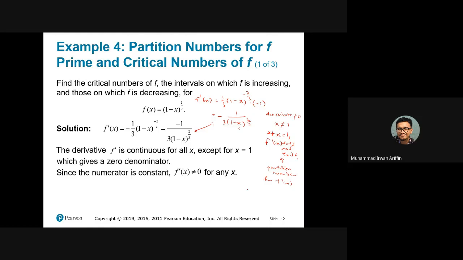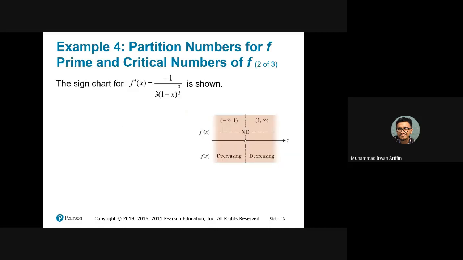Can we somehow try to draw the sign chart? So this is the sign chart for this example, where this is when x equals 1. This is the partition point, because it cannot take the value of 1, so it is not defined.